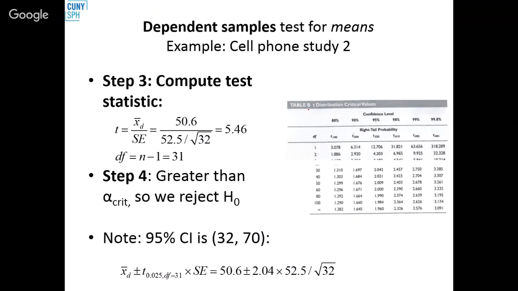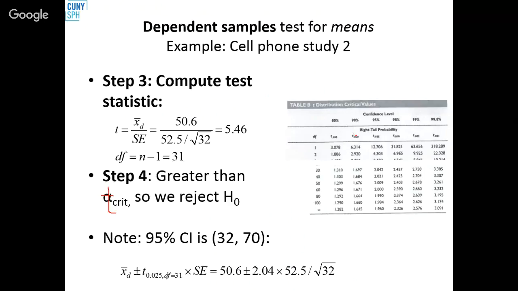Compute the test statistic, which works out to 5.46. We have fewer degrees of freedom now, but this is much greater than our T critical. I should put T here, not alpha. Just looking on this table, let's see if I can zoom in here.